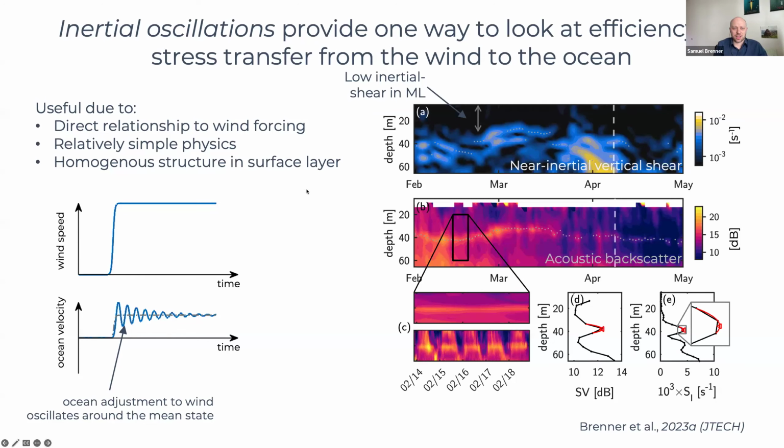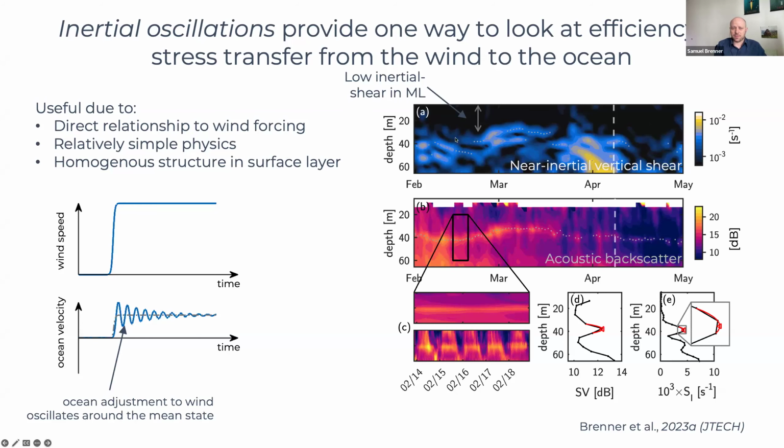Another nice thing about the inertial oscillations that we can use to our advantage is the fact that they are relatively homogeneous within the mixed layer. So there's a pretty low shear within the inertially filtered time band within the mixed layer, and that's followed by then a peak of the shear below the mixed layer.